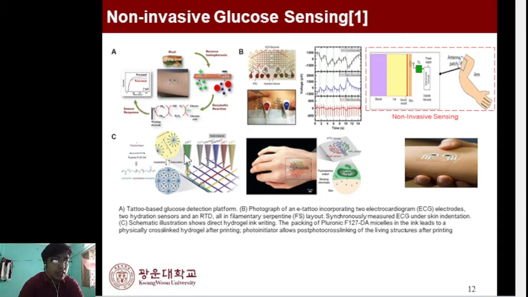And the third is the tattoo-based sensor.